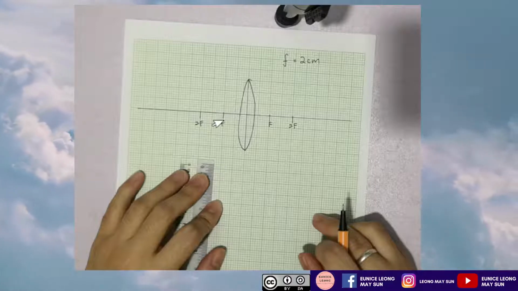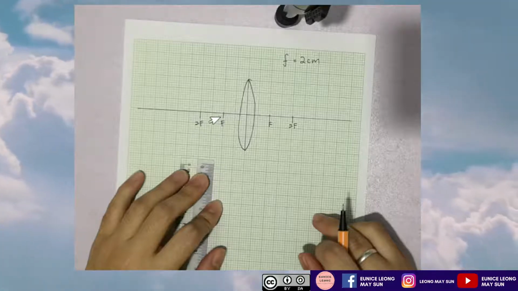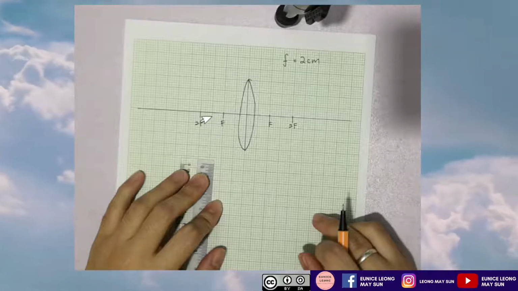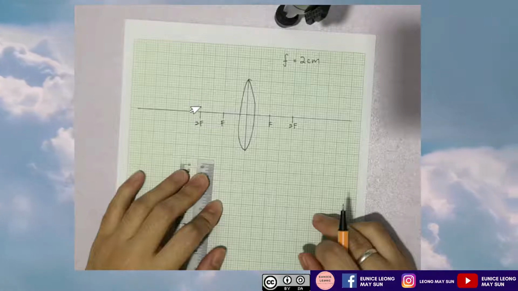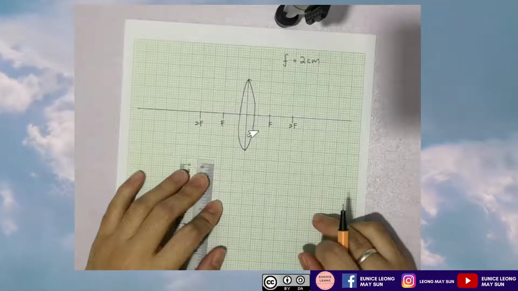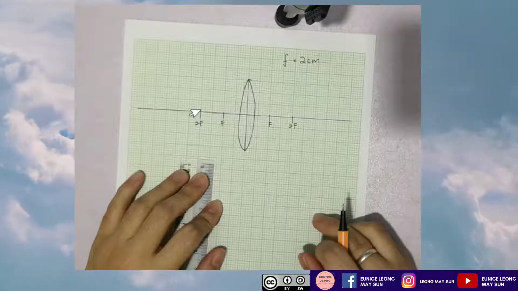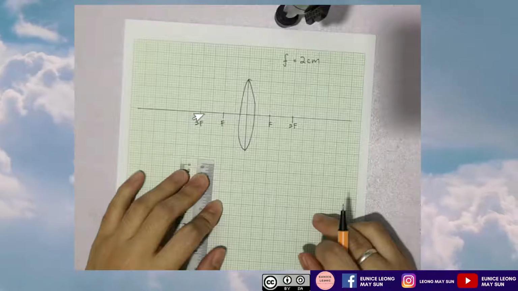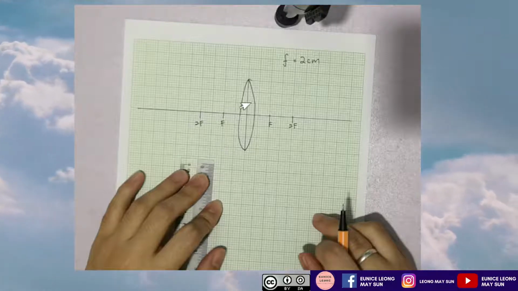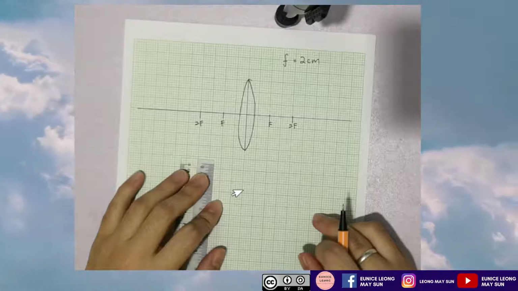That's the reason why I use graph paper, because I don't have to measure it. The graph already shows me the 2 centimeters. And 2F represents the center of the curve for the second surface, because this particular curve is created from that center. I hope you guys understand that.